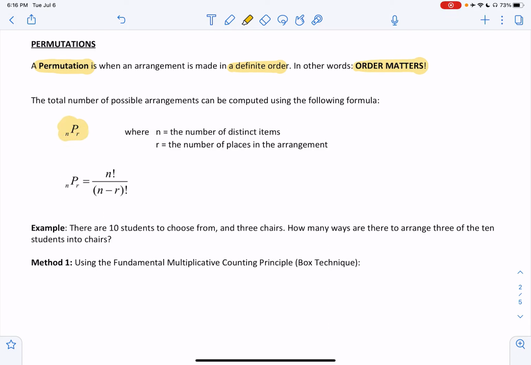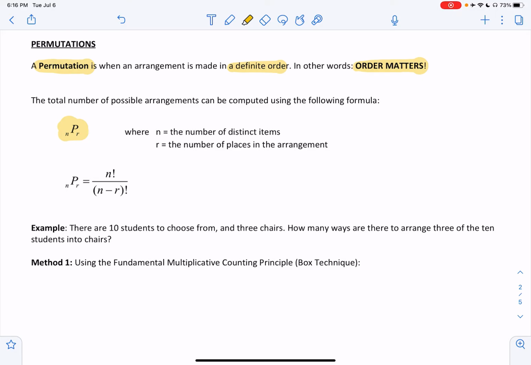So really make sure you know how to find this because it's a very, very useful button. Now, in this notation, n is our number of distinct items. In other words, we had a question bank of 39 questions, and r is the number of places in the arrangement. We're choosing 10 of these questions.